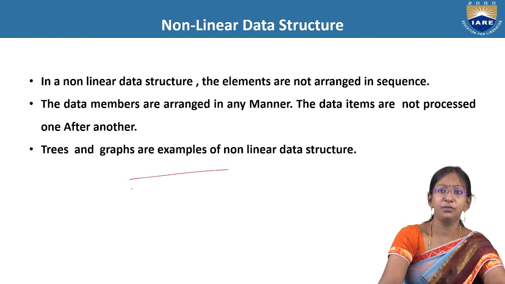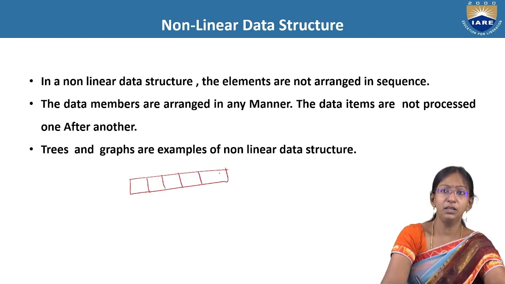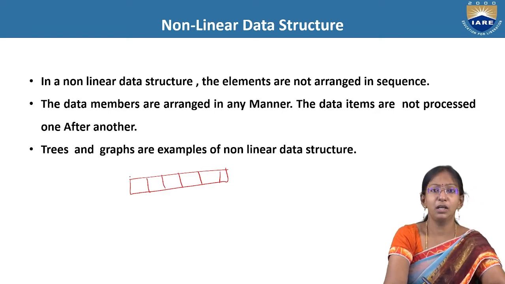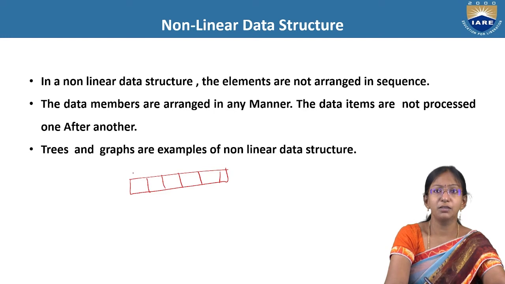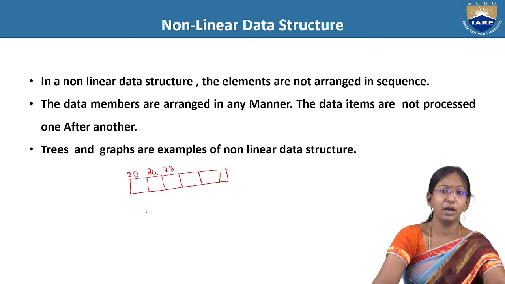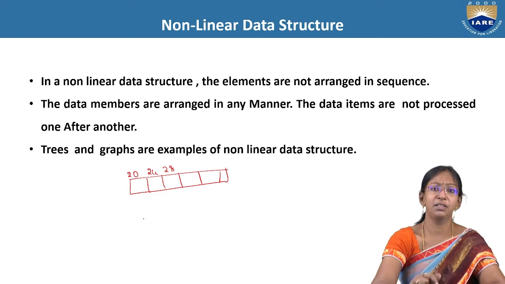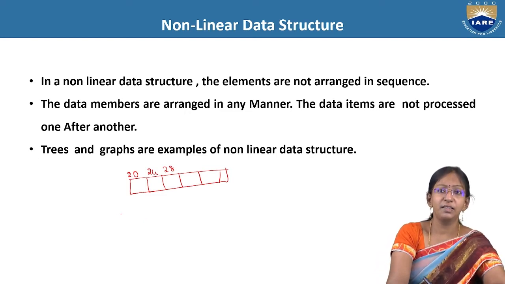As I said, if you take a list, data is stored in contiguous memory locations. If I'm storing integer values, which take 4 bytes, and the first location is 20, the second one will be 24, 28, and so on, adding 4 bytes each time.